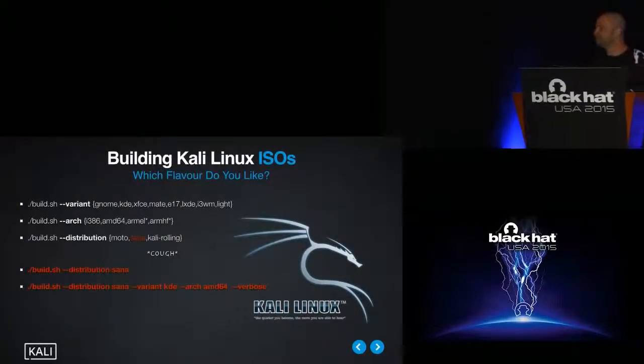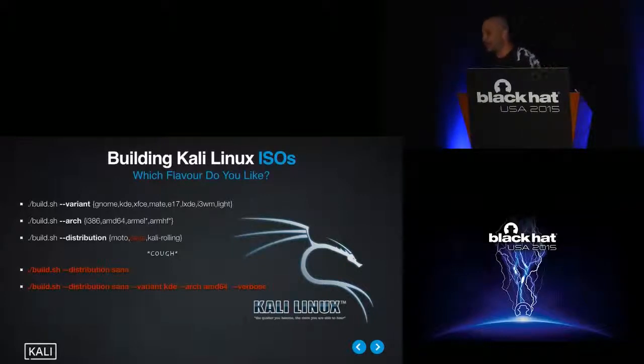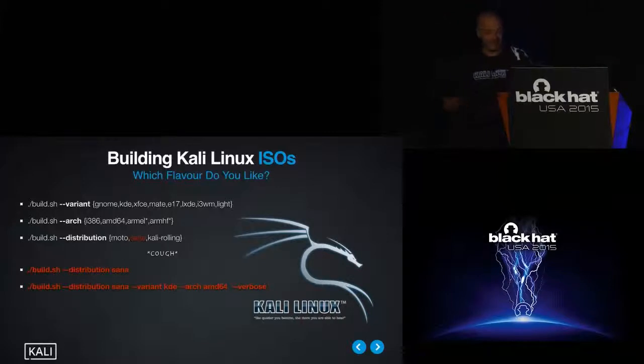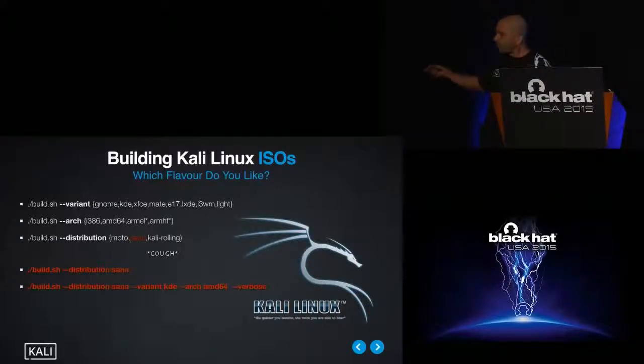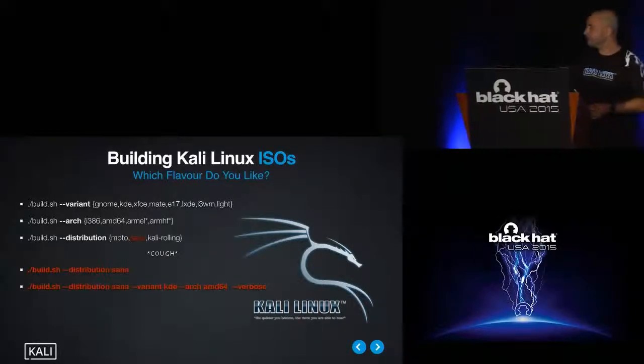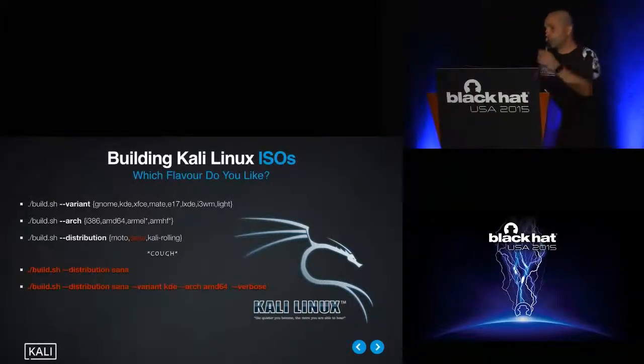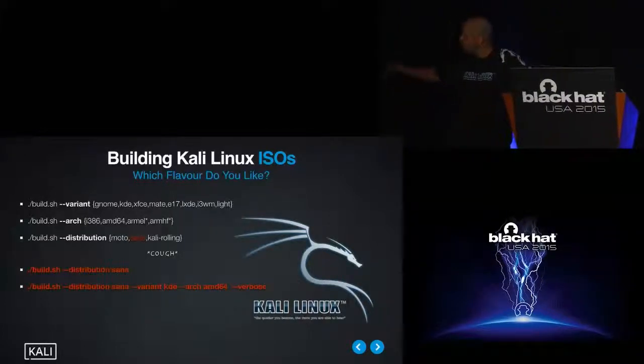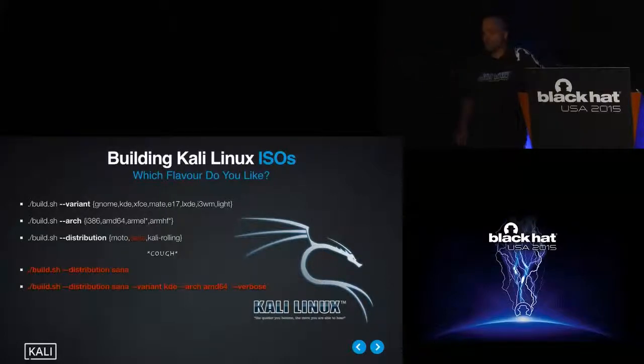So here is the secret sauce, ladies and gentlemen. And I'm talking with a slight smug look on my face because essentially, once you've cloned our live build repository, this is how you would build ISOs. Now, another change that we've implemented in Kali 2 is the ability to integrate all sorts of different desktop environments.